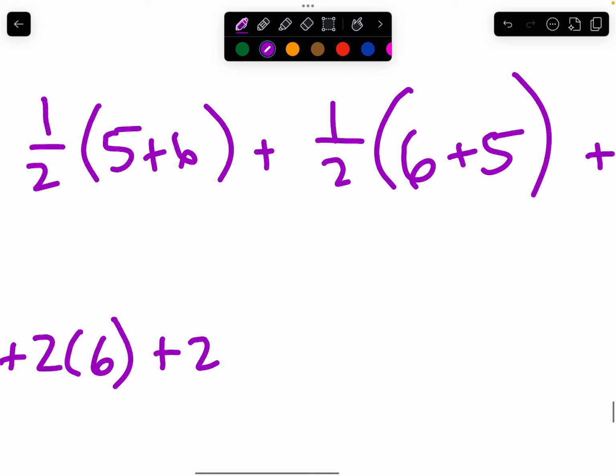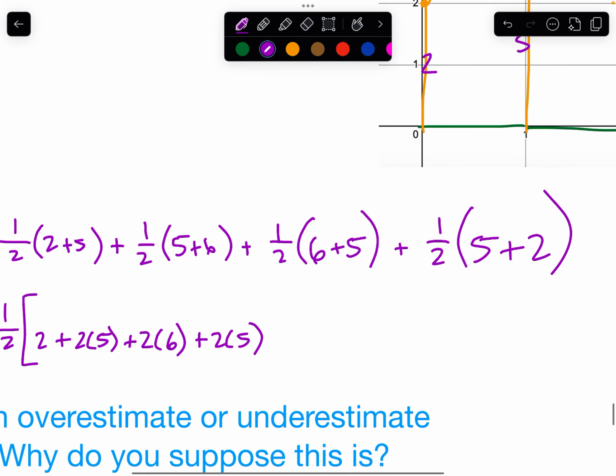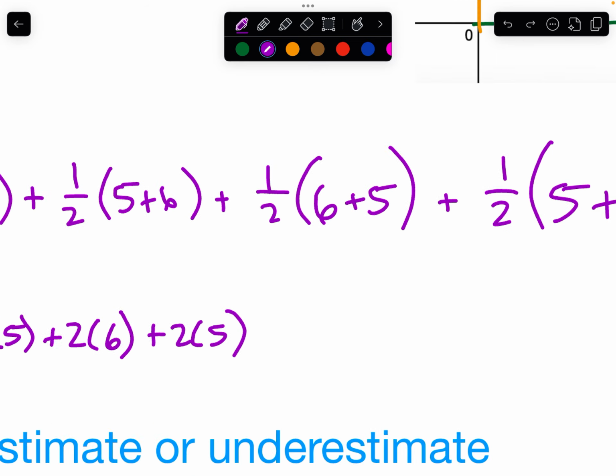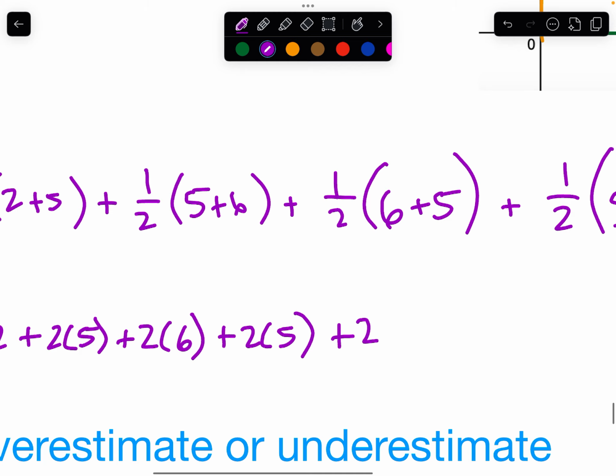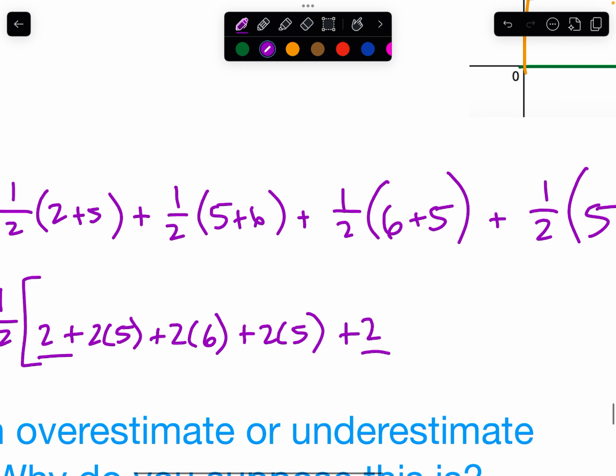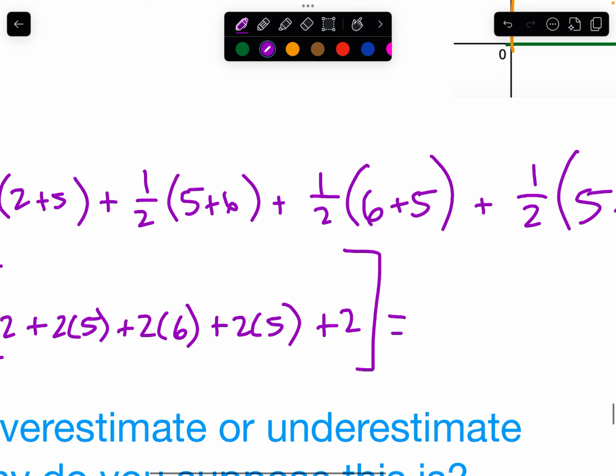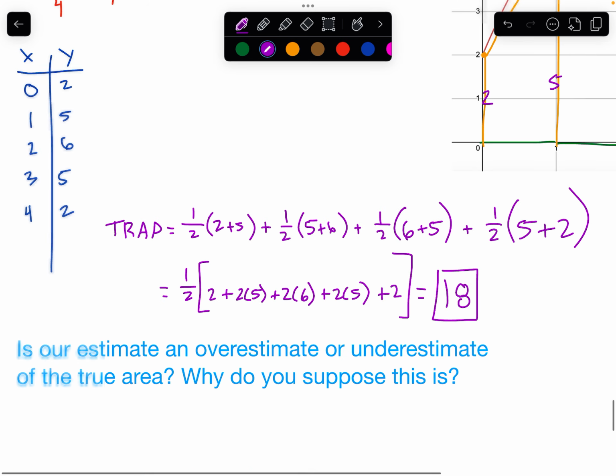So again, we can do 2 times 5. Finally, this number here, there's only one of them on the end. We had some symmetry, but that won't always be the case. So don't count on that, okay? But you can count on this type of situation here. So we run the numbers, we add all these things up, multiply by the 1/2 we factored out, we get 18 for that trapezoidal approximation.